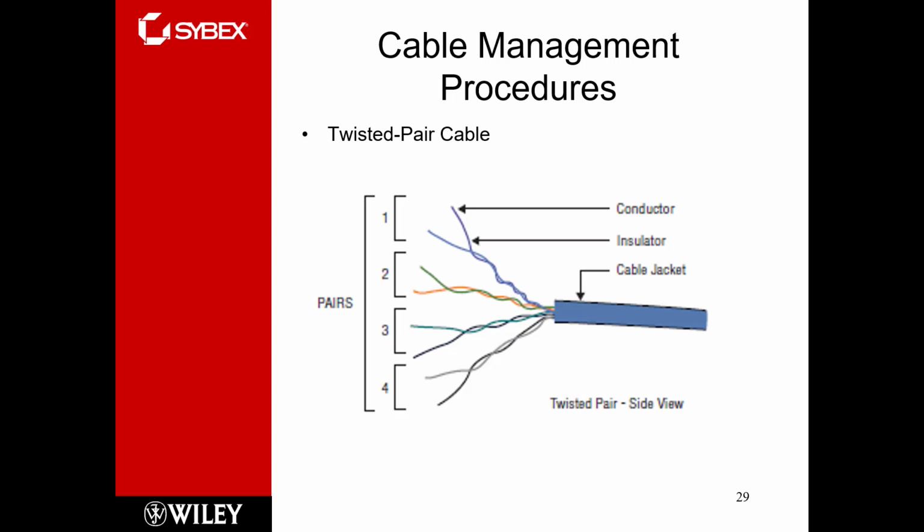That's pretty common. But each section are colored. And I don't know why this diagram has them colored really weirdly, but normally they are orange, one orange white, blue, one blue white, green, one green white, and brown, one brown white. They make up the 4 pairs of an Ethernet cable.